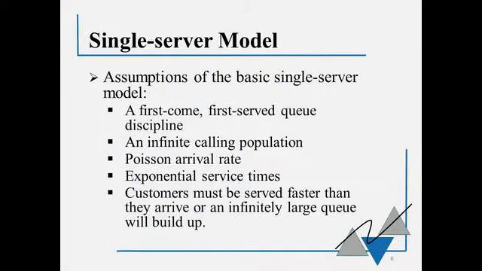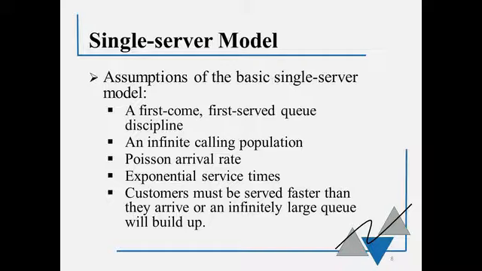The assumptions of the basic single server model are that we have a first-come, first-served queue discipline with an infinite calling population. We assume that the customers arrive according to a Poisson distribution. Usually we assume that the service times follow an exponential distribution, but that's not necessarily set in stone.